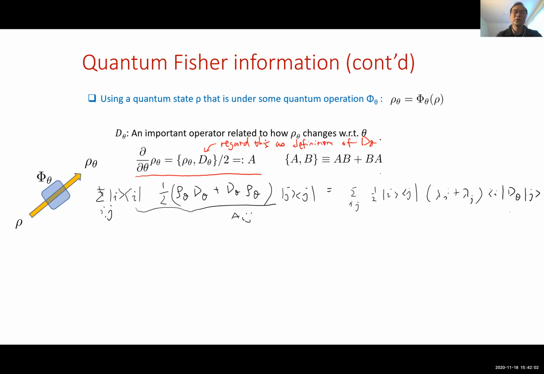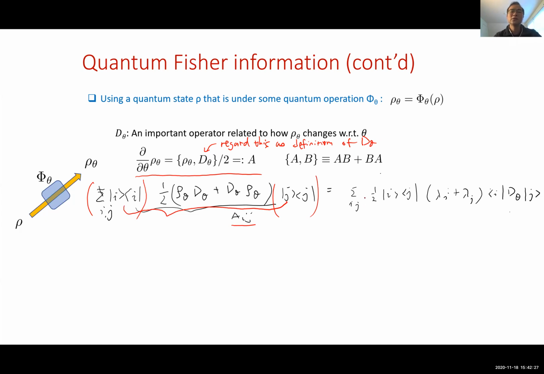I already wrote this in advance. If I expand this expression in terms of a complete basis, I just insert an identity on left and right, and I define this as Aij.